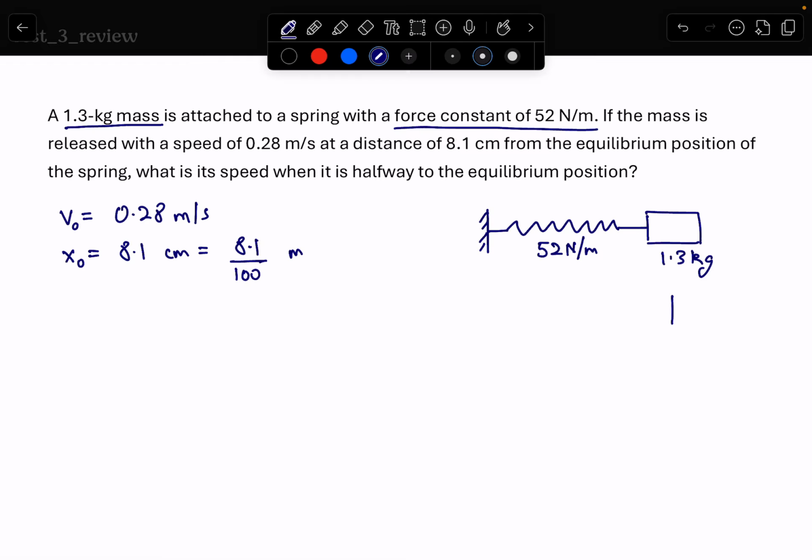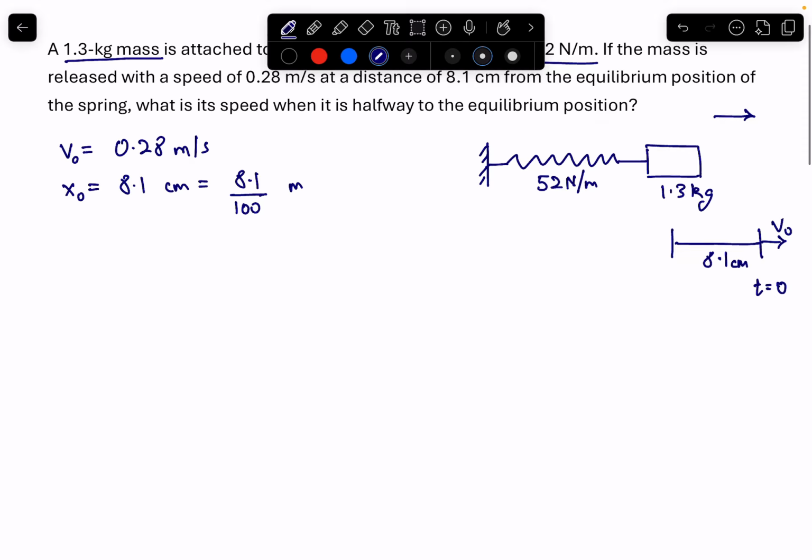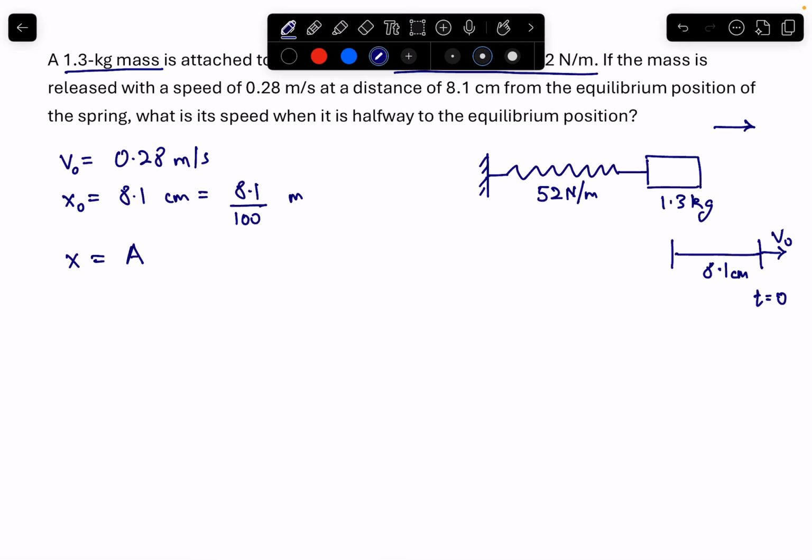So if this is the equilibrium position, this is the position at time t equal to 0. And I'm assuming this is the positive direction, so this is also the velocity direction. So we know that x is equal to A times cosine of omega t plus phi, and v is equal to negative A omega sine of omega t plus phi.